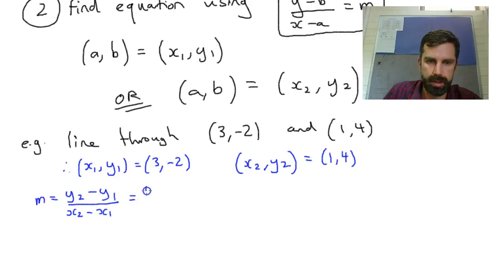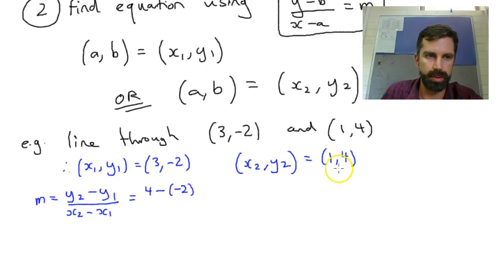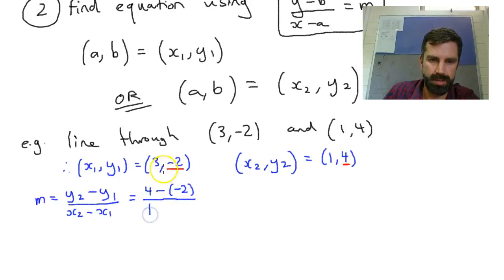This is 4 minus -2. Now this is the part to be really careful about. So here's y2, 4 minus -2. I've got 2 negatives, so I'm going to put the -2 in brackets, and then I'm going to say x2, which is 1 minus x1.